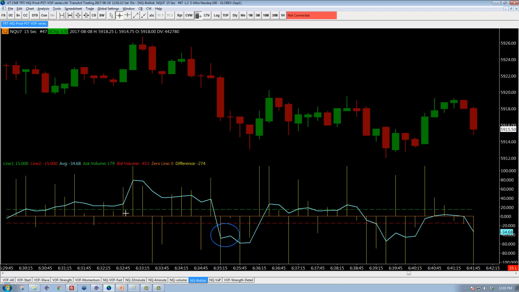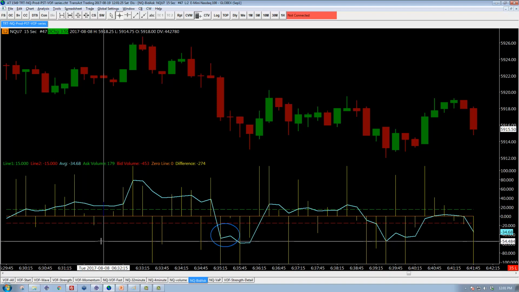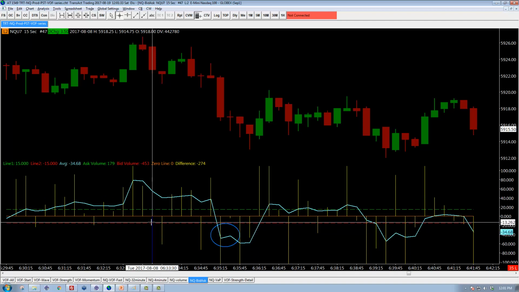Are we seeing more aggressive buying, or more aggressive selling? I specifically use a level here where if the moving average crosses that level, that's a threshold for me to say, yes, I see long momentum in the market or short momentum. This threshold for the NQ is plus 15 and minus 15. That has to be tuned per market, by the way.